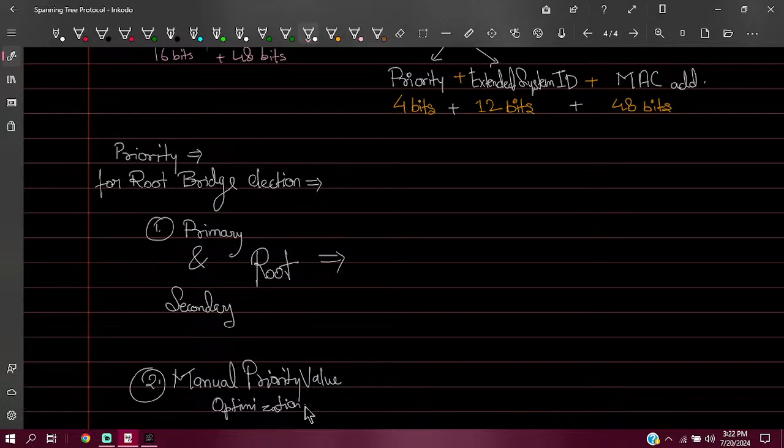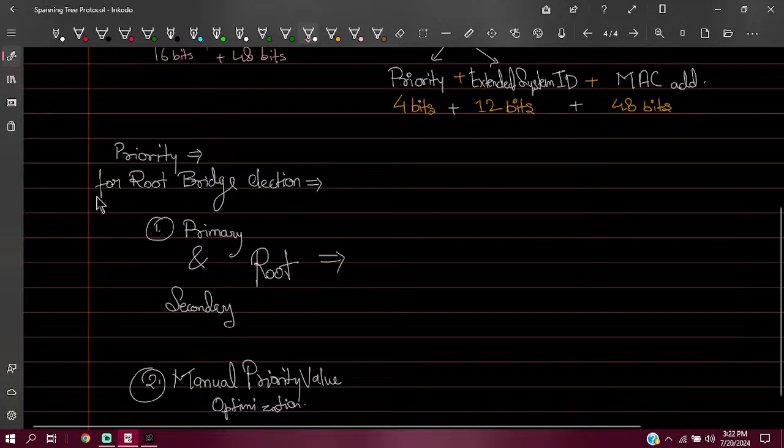Now, let's get back to the election of the root bridge here.